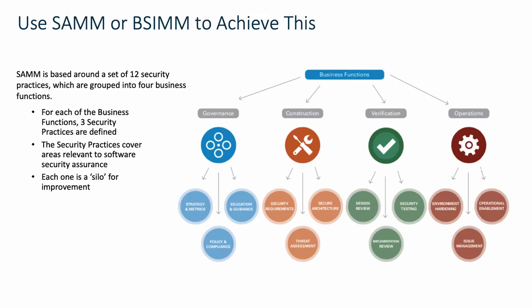It breaks it down into 12 practice areas, everything from strategic metrics right through to testing and environmental management in production as well. So it covers the end-to-end life cycle of a development practice.